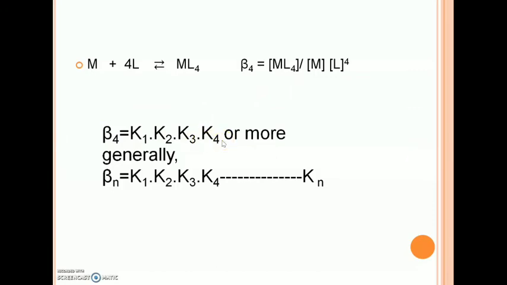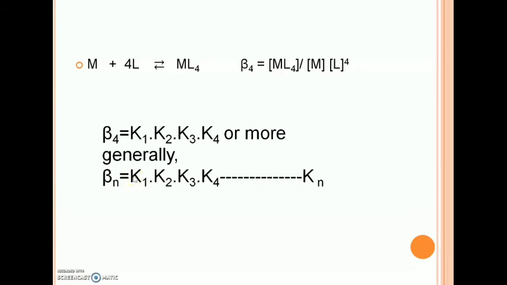That means the overall stability constant is the product of the stepwise stability constants. Generally we can write beta n is equal to K1 into K2 into K3 into etc. Kn.